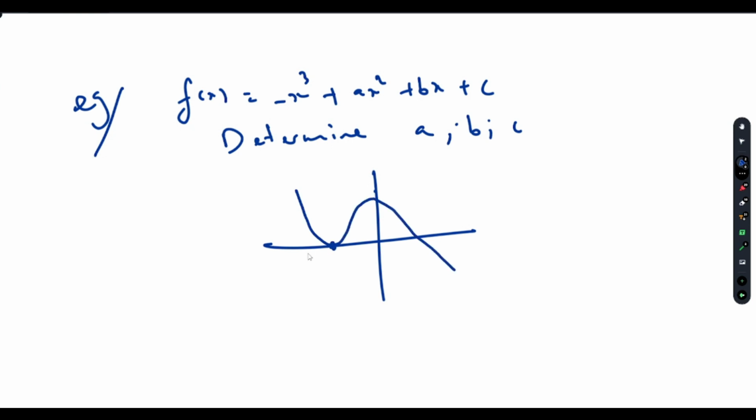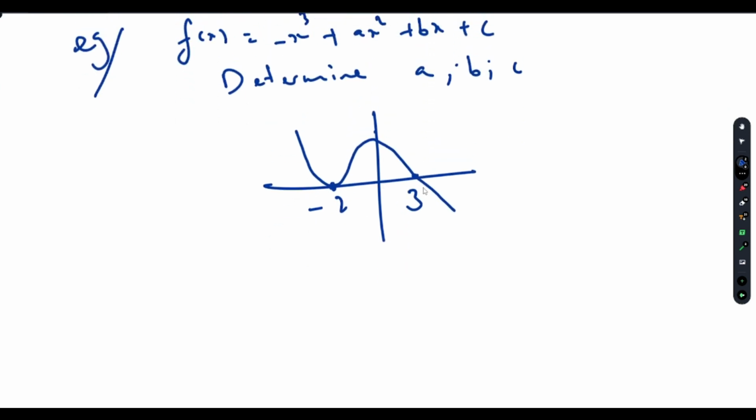And we're told that this is minus 2, and we're told that that's 3, and that's all we're given, just 2 x-intercepts. So since we're given 2 x-intercepts, we know we're going to be using the second equation.